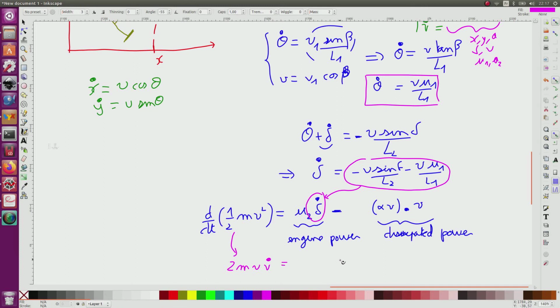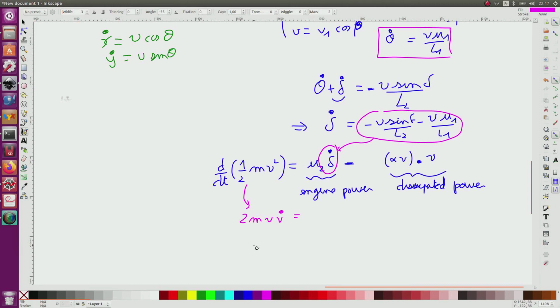From this equality, I can isolate v dot, and I obtain that v dot equals 1 divided by m multiplied by u2 multiplied by minus sine delta divided by L2 minus U1 divided by L1, minus alpha V. Okay.